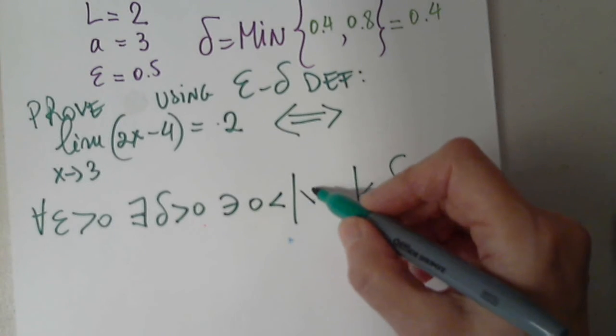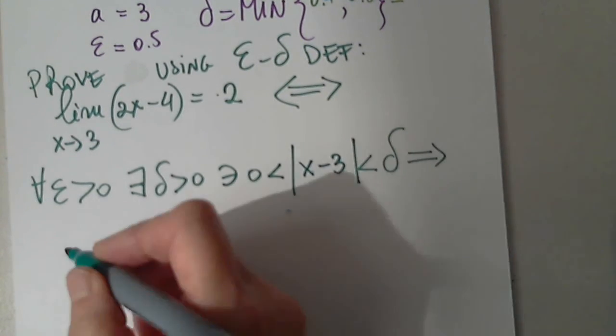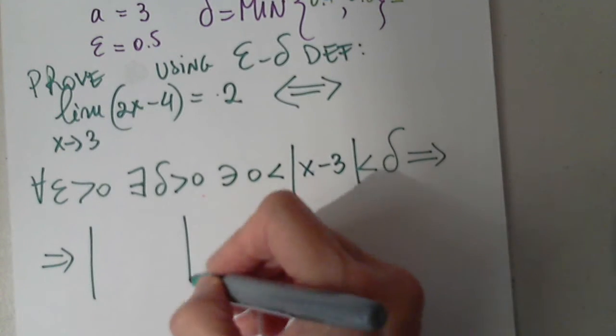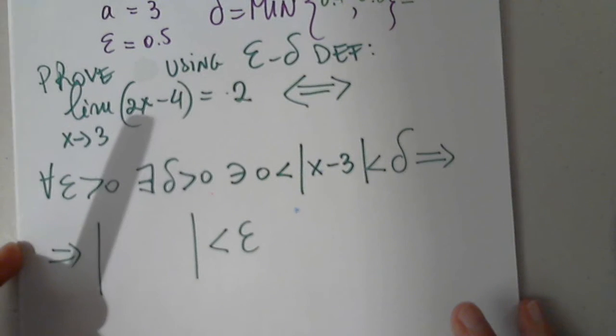The absolute value of x minus 3. Excellent. Good. Less than delta. This will always imply, what do we have inside of this? Absolute value. Anyone?